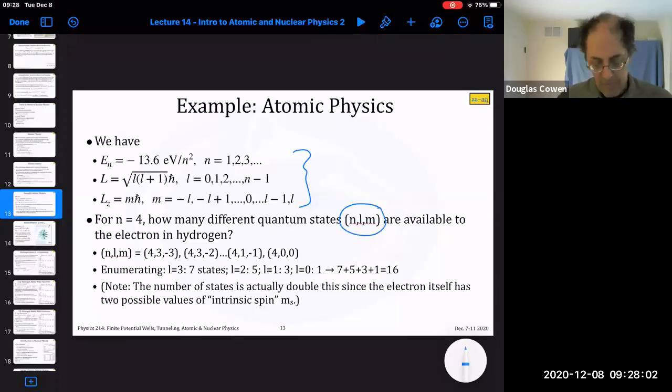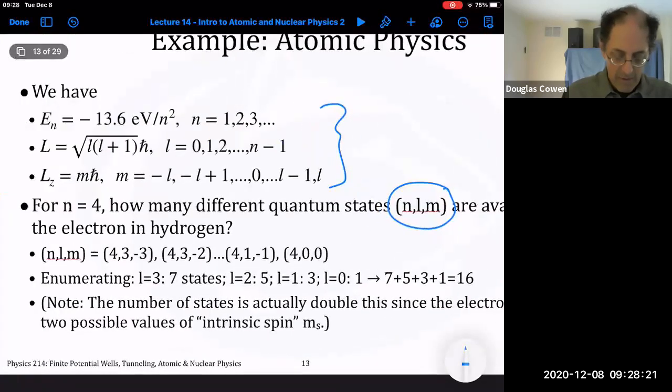So there are different ways to do this. The way I'm going to do it here is just to basically enumerate all of these possible quantum states. So if we start out with n equals 4, of course, then l can range between 0 and 4 minus 1, or 3.